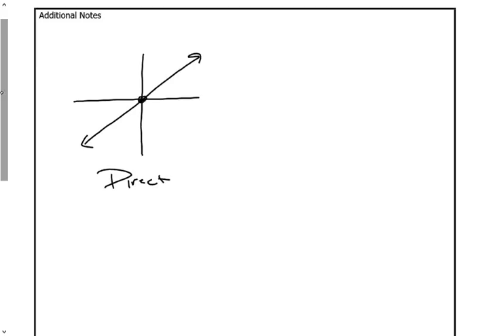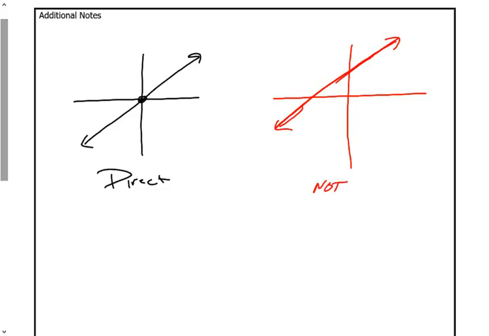Whereas this is not. Just understanding that oftentimes is enough to answer certain questions, because I'm going to give you a graph and say which one's a direct variation.